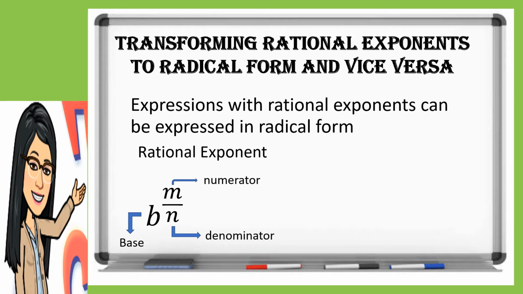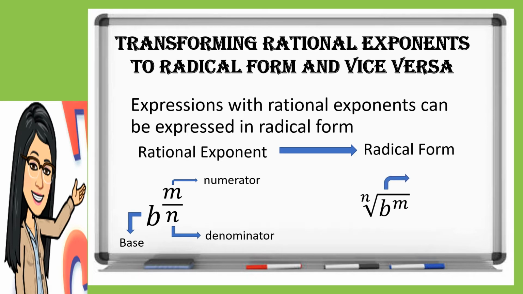Now look how rational exponent will be transformed into radical form. It will be read as the nth root of b raised to m. Of course, we have the radical symbol. b is now called the radicand. m is our exponent of the radicand.